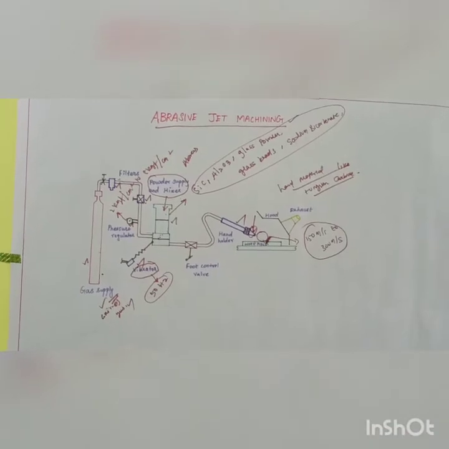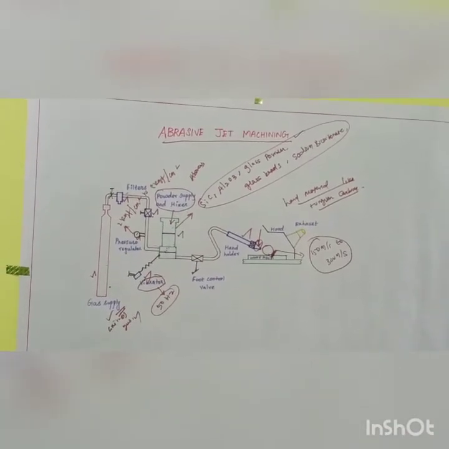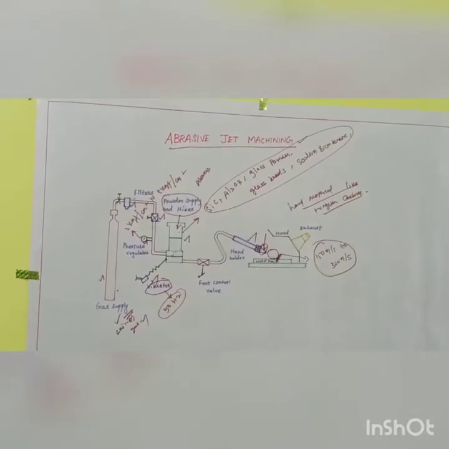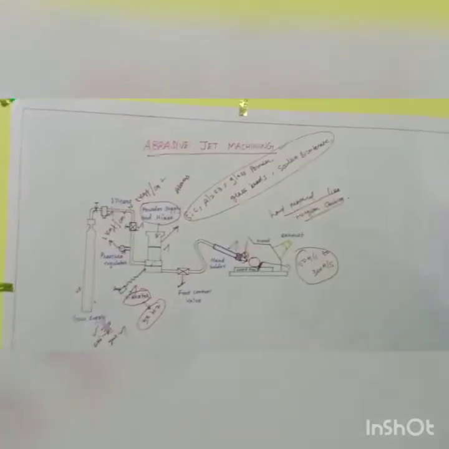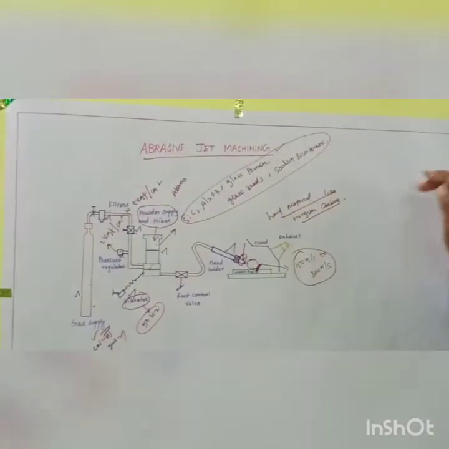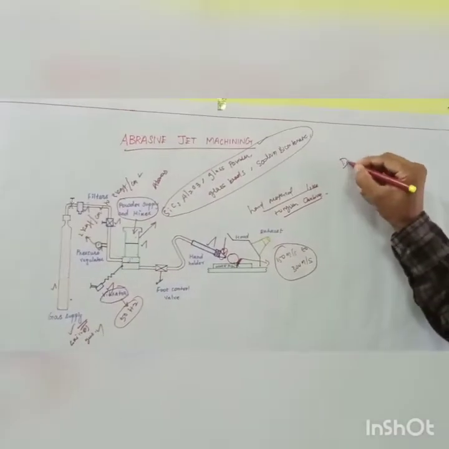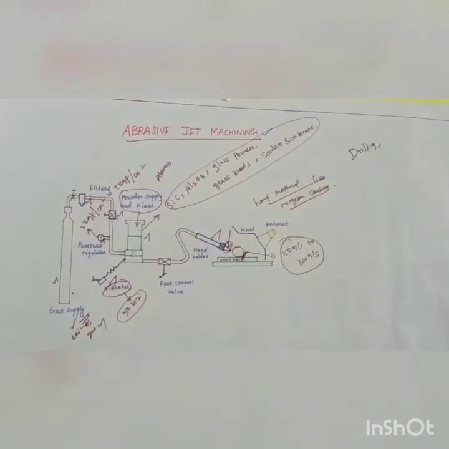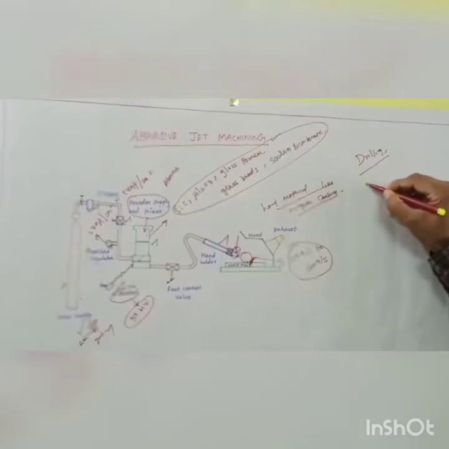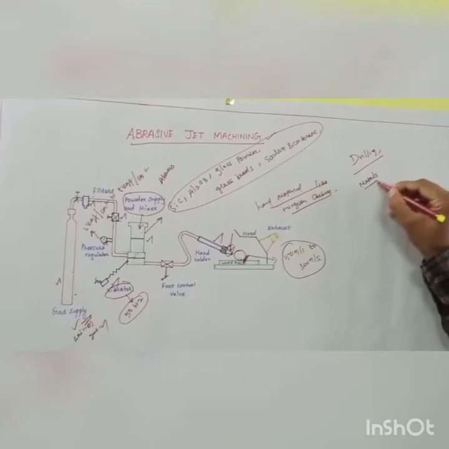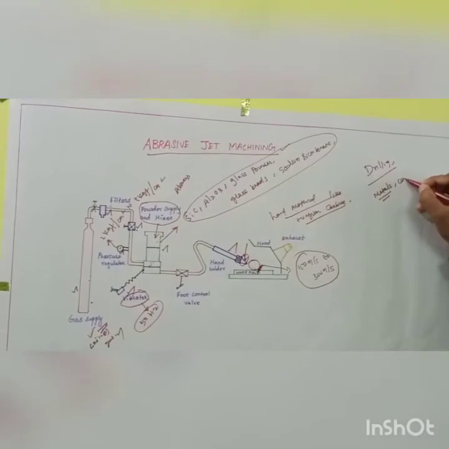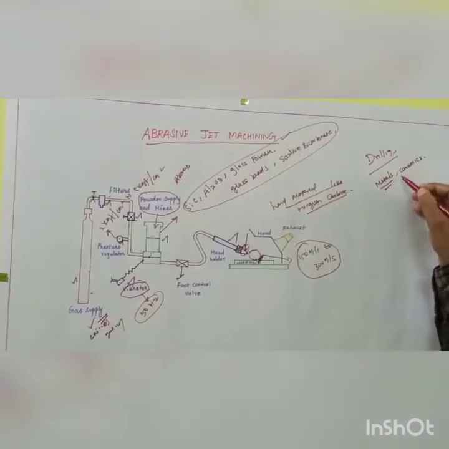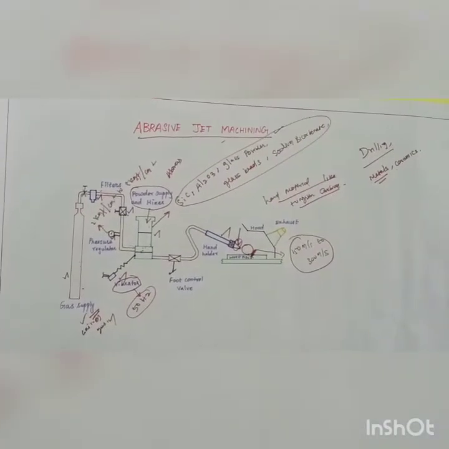Let me explain the applications of this abrasive jet machining process. It is used for drilling and cutting of hardened materials like metals and ceramics. These kinds of materials can be machined using this process.